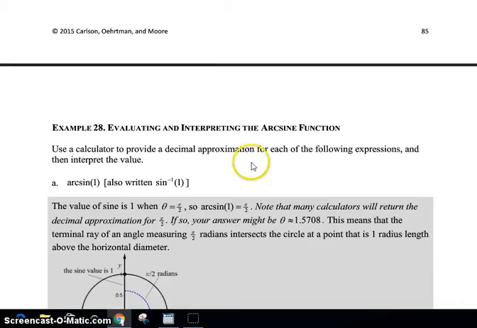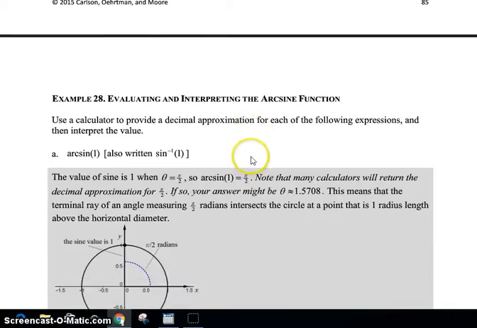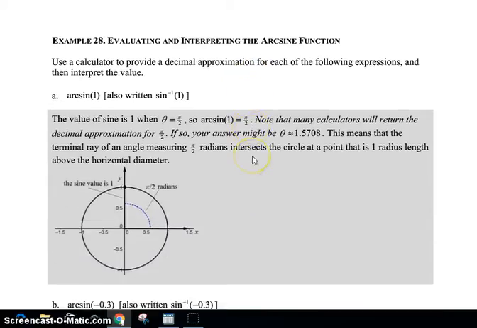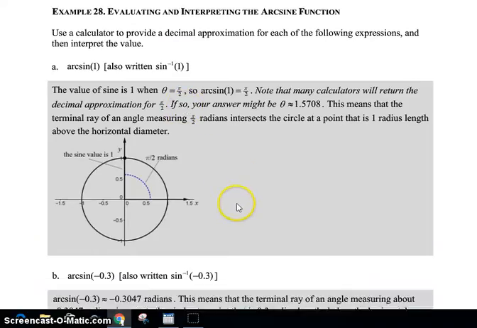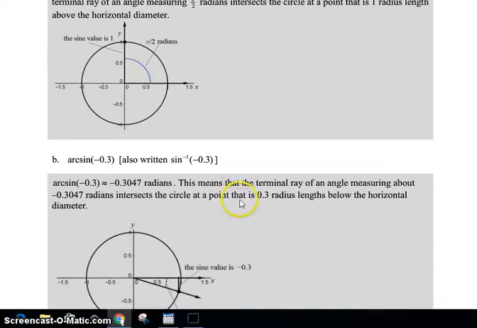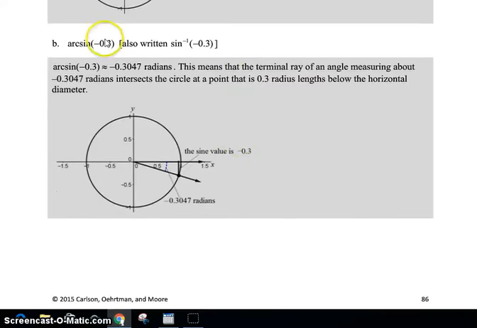Okay. You do want to read ahead. We should have already read this already, but I want to really prompt you to do that now. So example 28 will give you an example of evaluating arcsine. And then there's this example B. That's kind of neat.